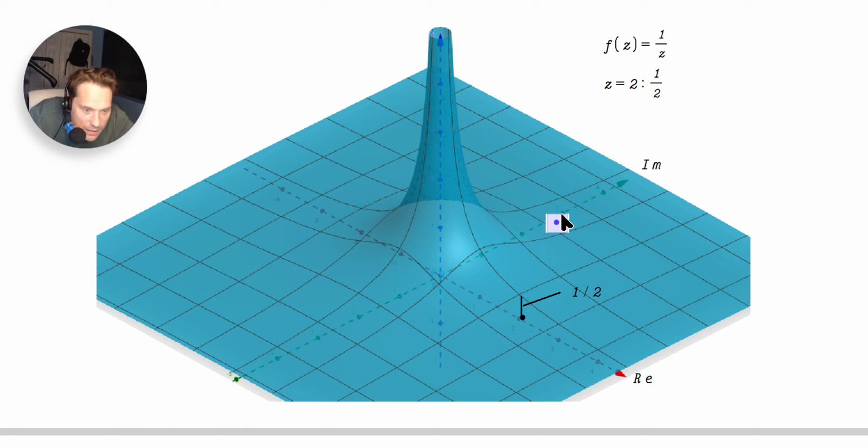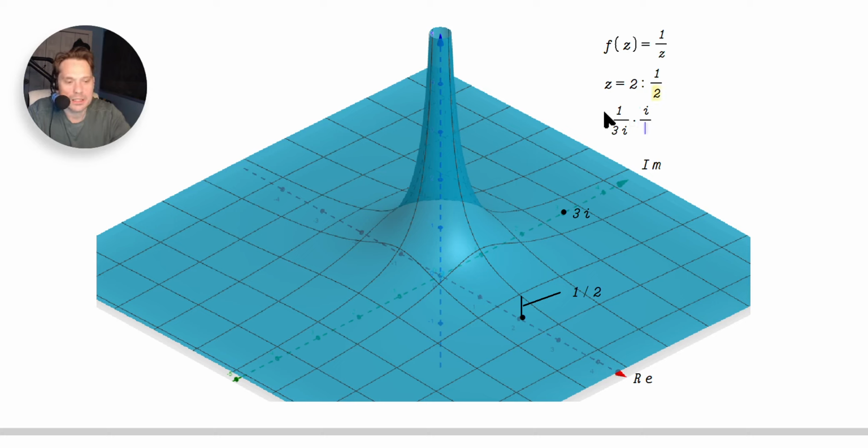On the other hand, if I grab an arbitrary point, this is the imaginary axis, so 1, 2, say I grab something like this, that point, okay? Say that's the point 3i, from the imaginary axis. If you divide that out, you would have 1 over 3i, isn't it? Which you multiply by i over i.